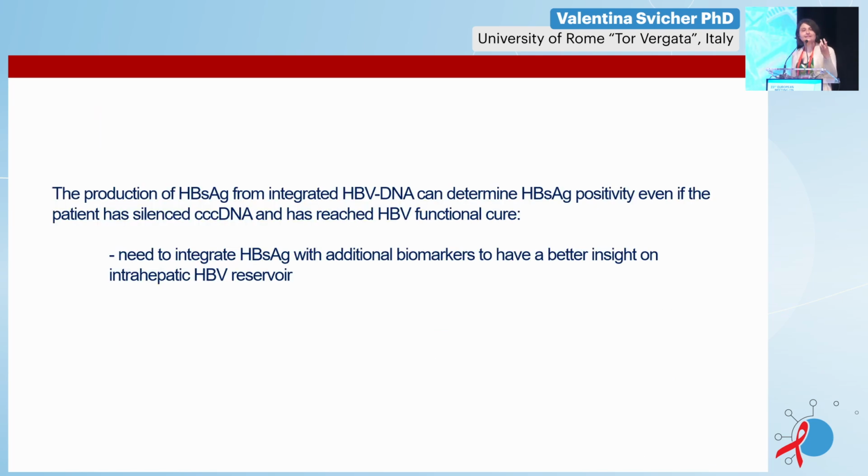This means that a patient can achieve functional cure, can silence cccDNA, but we cannot recognize it since he or she remains HBsAg positive due to the production of HBsAg from integrated HBV DNA.